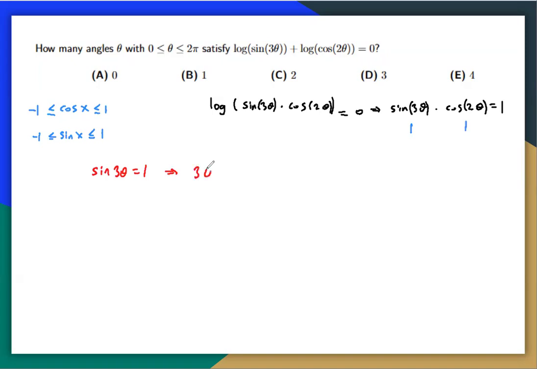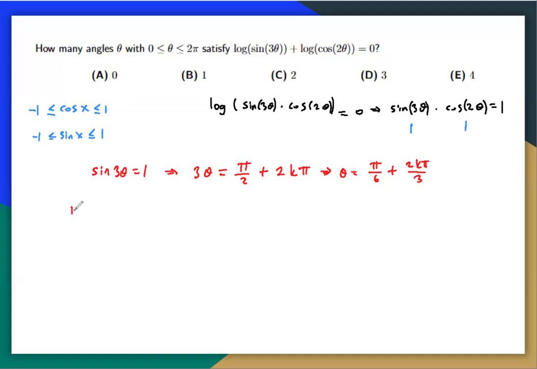So I'm going to say 3 theta equals pi over 2, because we are in radian mode, plus any multiple of 2 pi, so 2k pi. Then we can plug in some values of k to get those theta values. But before we do that, let's divide both sides by 3 so we get theta alone. So theta will be pi over 6 plus 2k pi over 3.